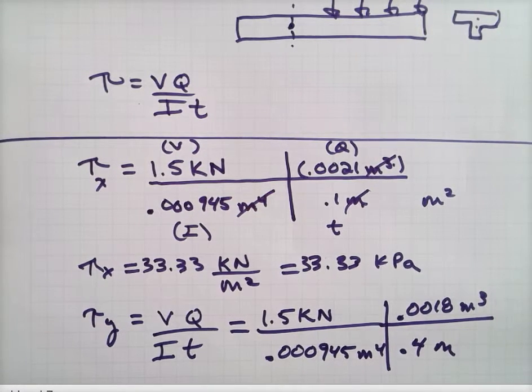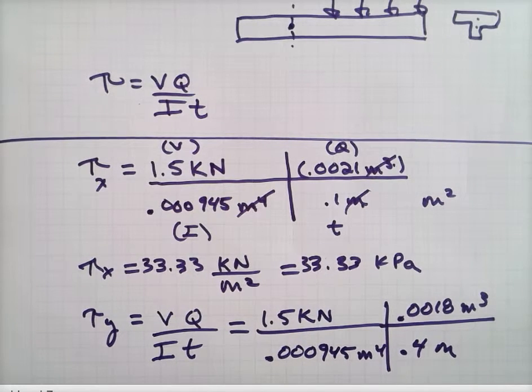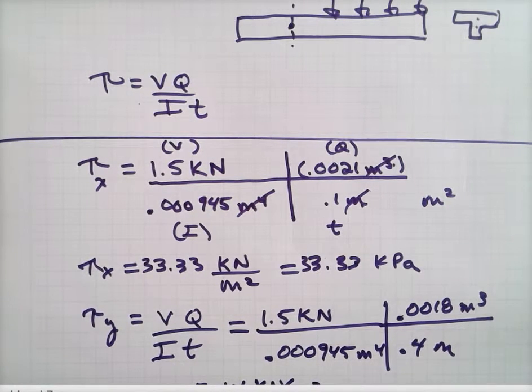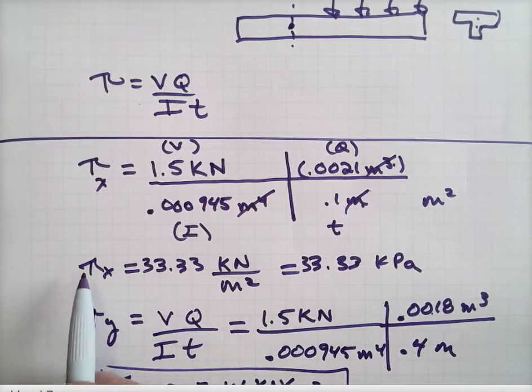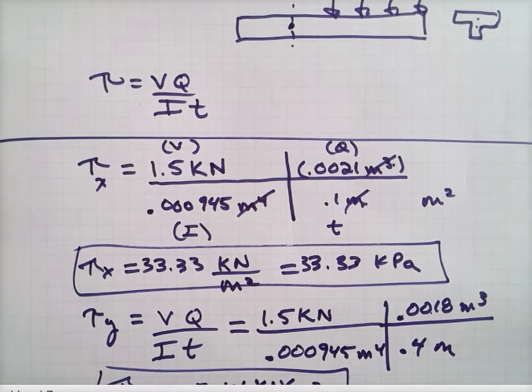And I get 7.14 kilonewtons per meter squared. See, that's a smaller number, that's a bigger number. Bigger in the denominator, smaller in the numerator, going to be smaller. Okay, so there's tau y. And there's a good example. Have a good day.